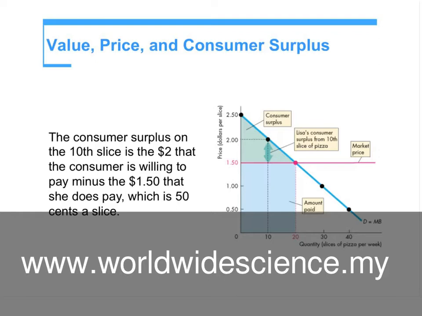Are we good? Are we clear so far? It's very simple because the value is set at $2, but the market price is at $1.50, so there is a consumer surplus of 50 cents, which is very, very simple. Okay.